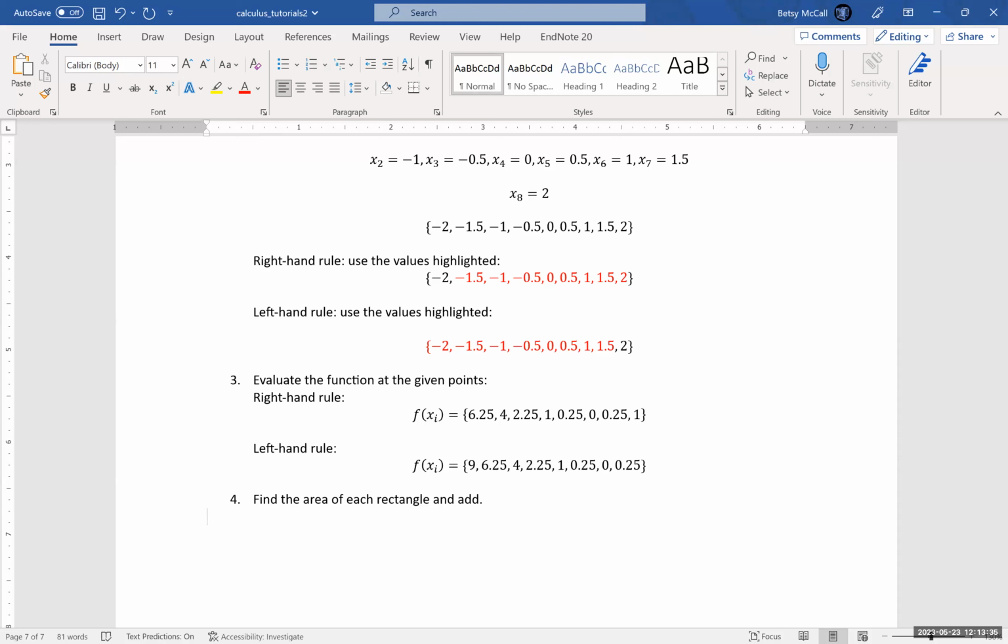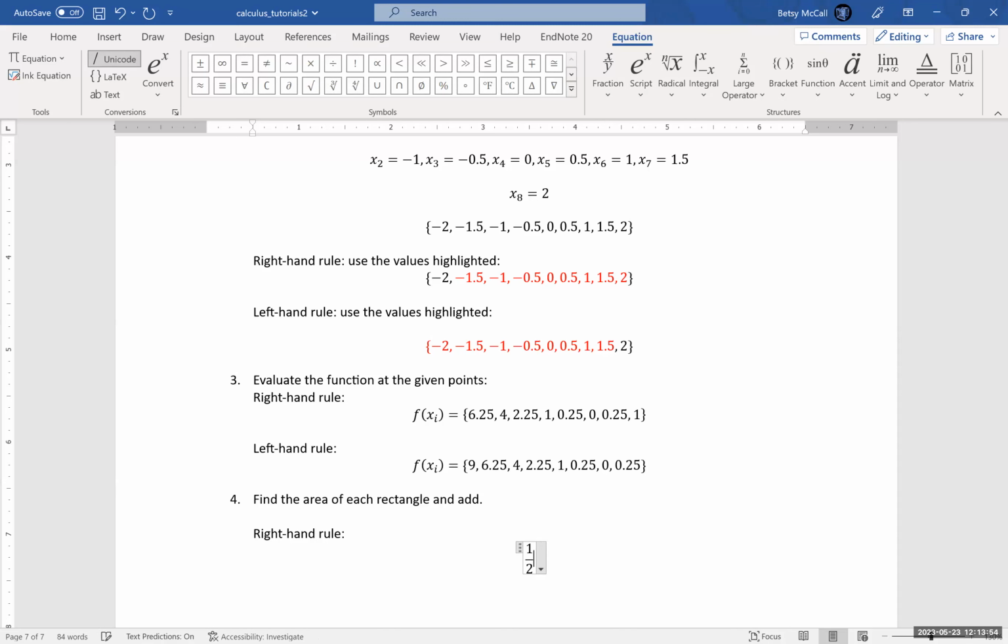They give you the same answer. So for the right-hand rule, I'm going to add up my values and multiply by a half at the end.